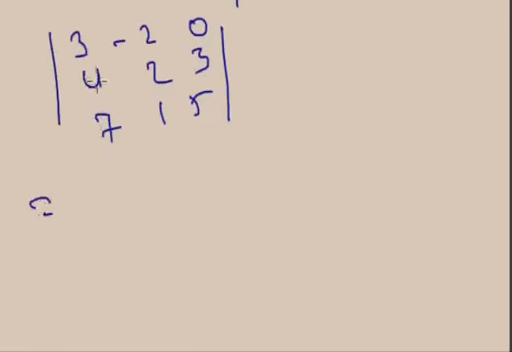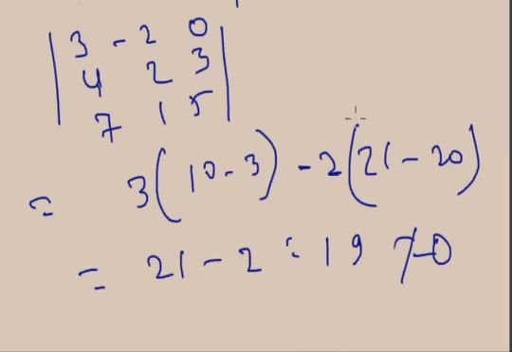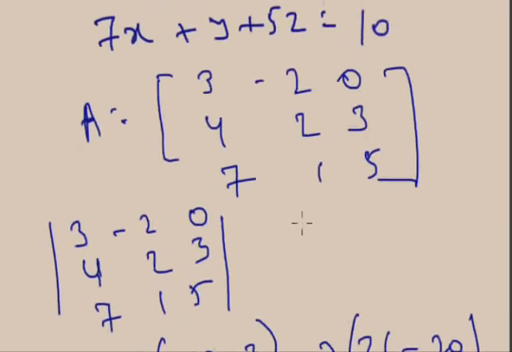I am expanding along the first row. 3 into (10 minus 3), minus 2 into (21 minus 20). This is equal to 21 minus 2, which is 19, which is not equal to 0, because the determinant value is not 0.